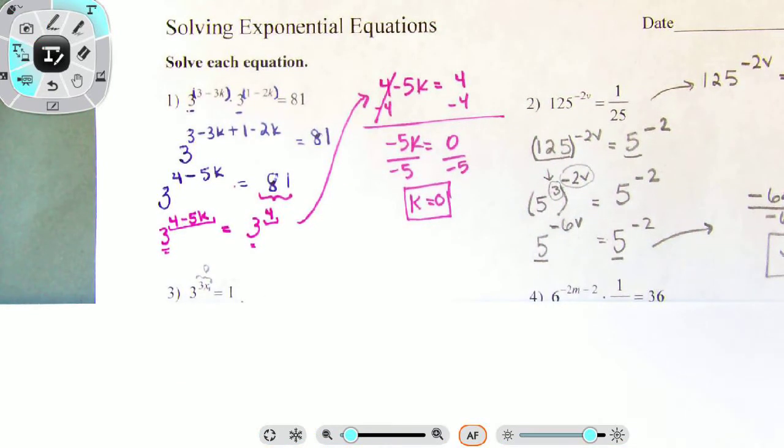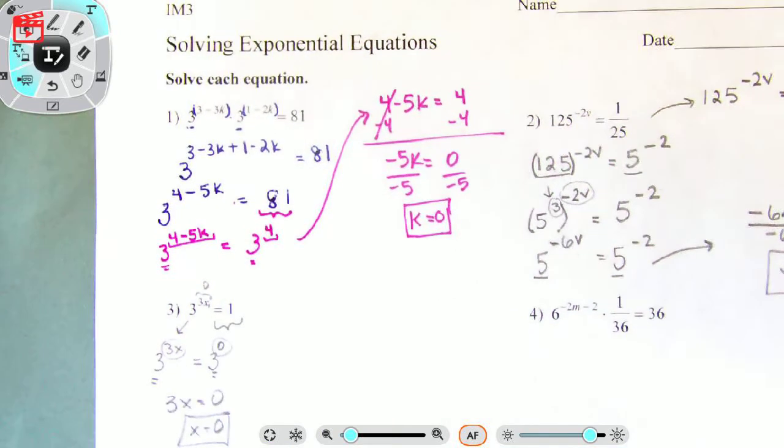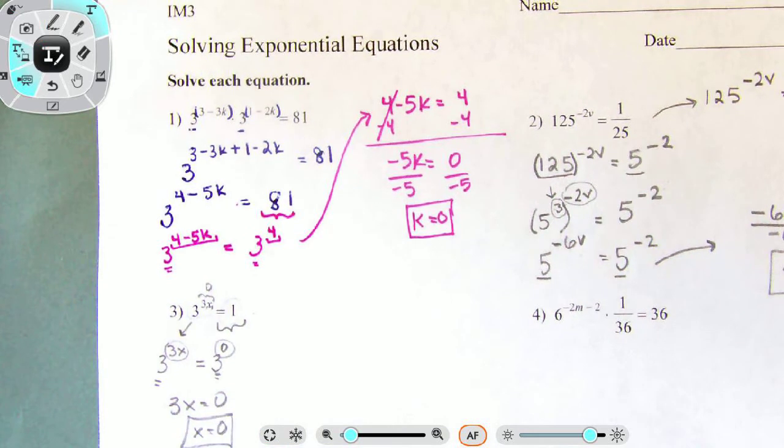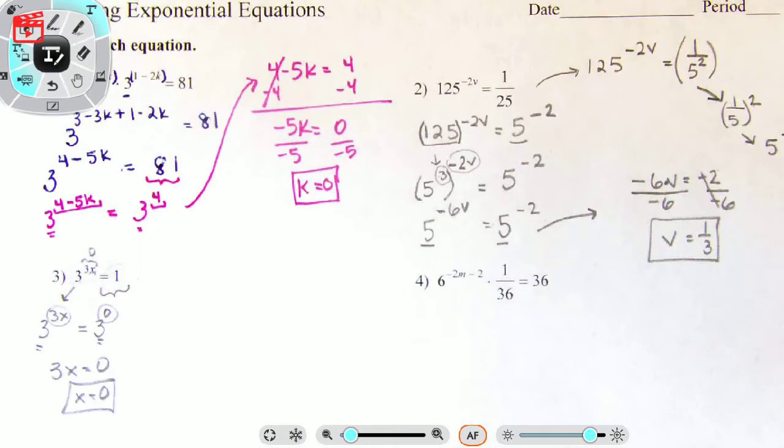And the only way that 3x can be equal to 0 is if x is 0. So when x is 0, 3 times 0 is 0. 3 to the 0 power is 1. So if you saw that, that's fine. You don't have to do these steps. But if you didn't see that, that's okay. Do it the way that we have been doing. All right, let's move on to number 4.